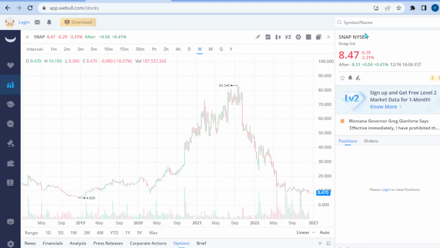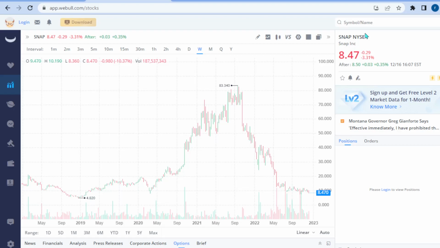Now let's say, for example, Snap is trading at 50 cents. Would I pay $1 to receive a stock that's worth 50 cents? No. So in this case, the options are not considered dilutive because a reasonable person would not exercise those options. They are only considered dilutive when the stock price is above the exercise price. If the stock price is below the exercise price, they are not considered dilutive.